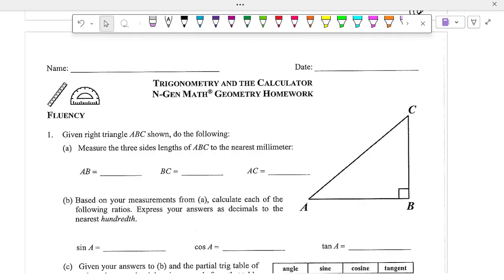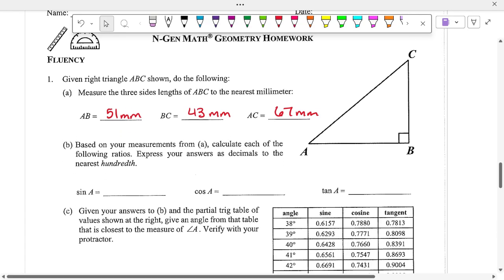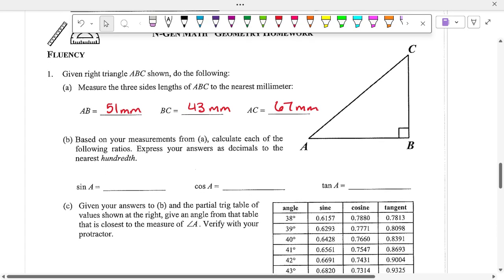So number one, these are 51 millimeters, 43 millimeters, and 67 millimeters. It's on the board. So those are the measures of that triangle that you were supposed to measure by yourself, but I'll save you some time.